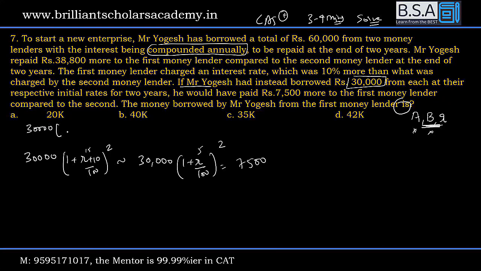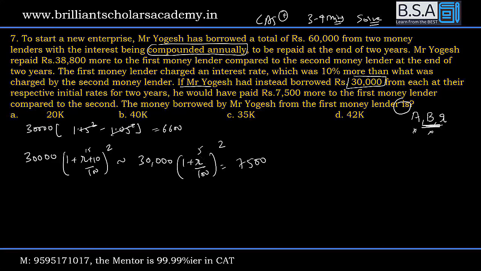So the first one becomes 1.15 square minus 1.05 square. My job is to match the 7,500 value. When I calculate this, I am getting 6,600. So 5% does not match. I need more.